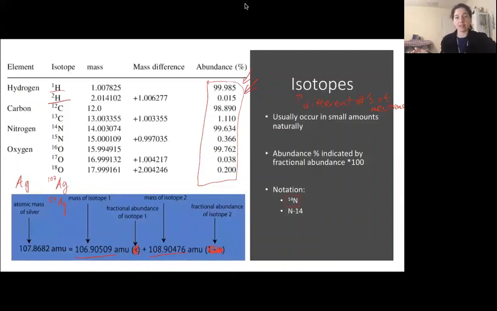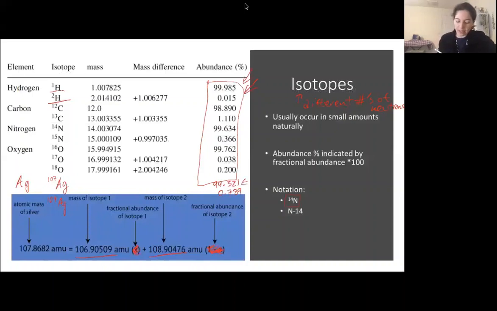In the abundance of these different ones, let's say they're 99.3 to 1, and then the rest here is going to be 0.789. That's the abundance of these. So you can see that one is very much dominant, which is our silver-107.